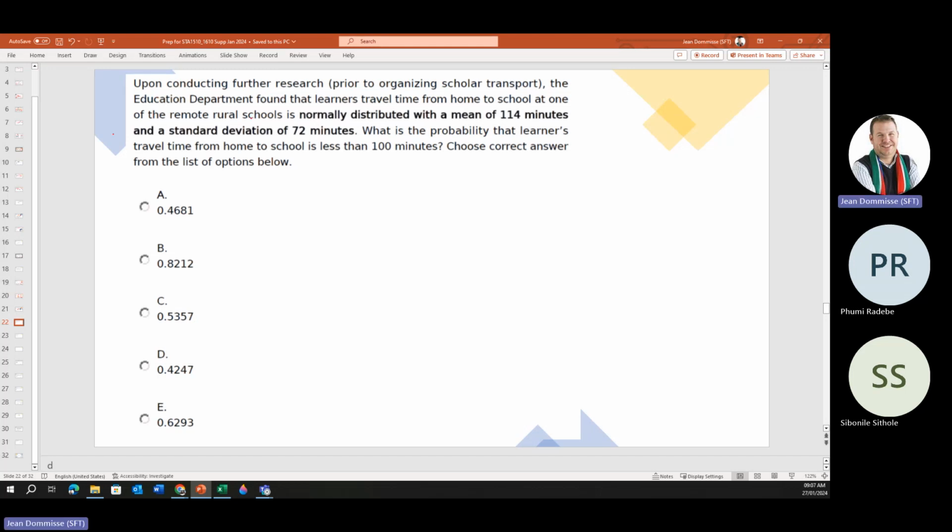Upon conducting further research, the education department found that it is normally distributed with a mean of 114. Okay, so at least let's put that in, mean 114, standard deviation of 72.